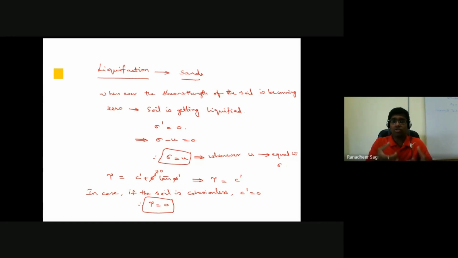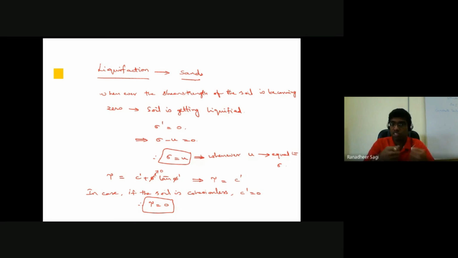Because of that huge amount of energy released in the ground, the water in the void spaces of the sandy soil may not have sufficient time. I said a couple of seconds, even milliseconds, in which the earthquake force comes into picture. In that small fraction of time, the water may not get dissipated out of the soil.